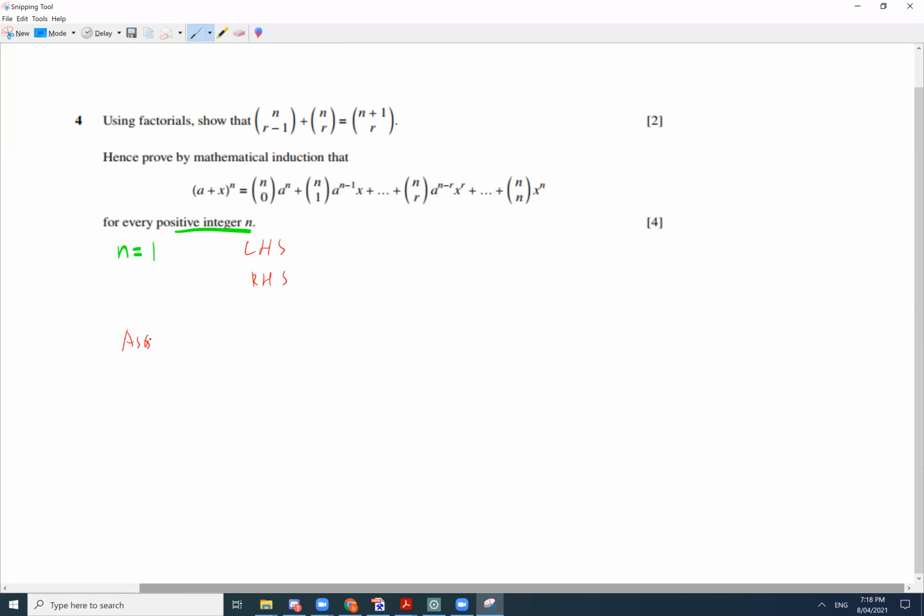Assume P(k) is true. What equals what for P(k plus 1)? Right-hand side. You try to prove these two sides are the same.